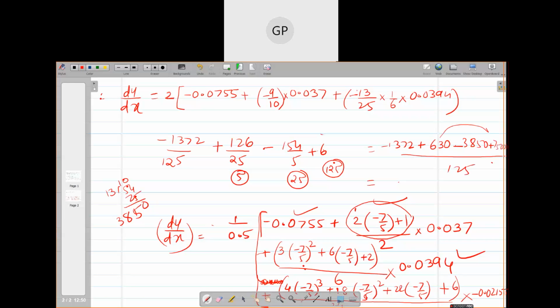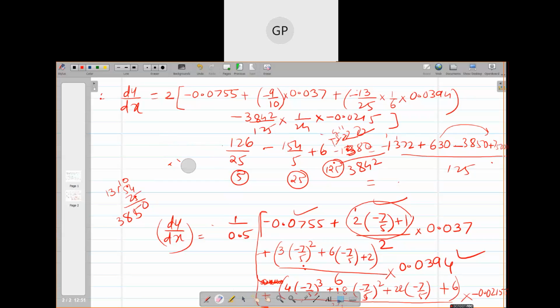So this will become minus 3842 upon 125 into 1 upon 24, and into minus 0.0215. This is my answer up to here.